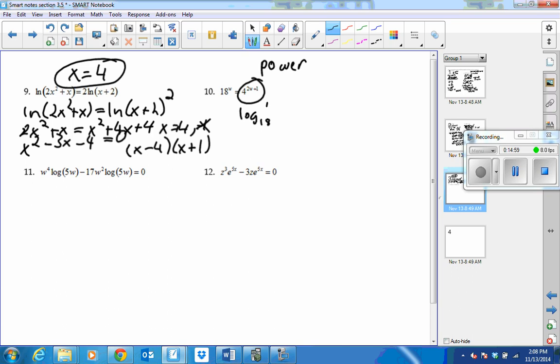The power is 4 to the 2w plus 1, and that equals w. So if we expand that, that becomes 2w plus 1, in parentheses, times log base 18 of 4 equals w.